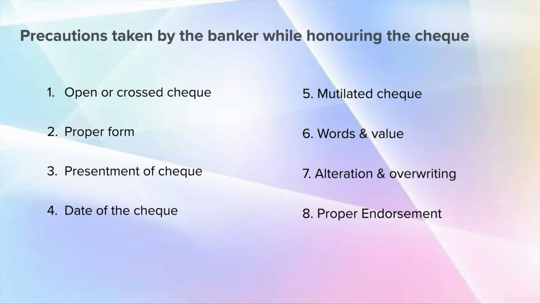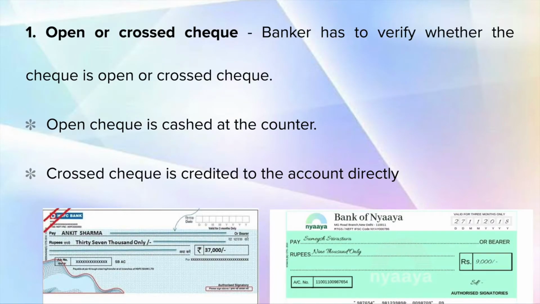Okay, let's look at those precautions one by one. So, first one is open or cross check. You remember in the last video I taught you what is a bearer check, otherwise called an open check. It's the same, okay? Open check or bearer check means one and the same.